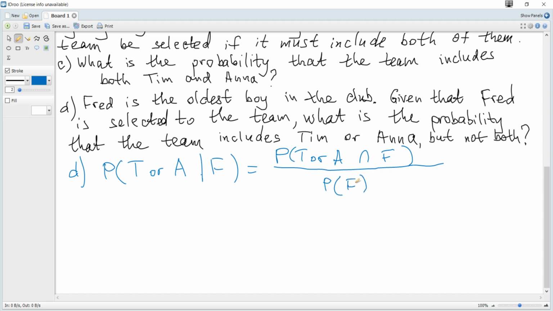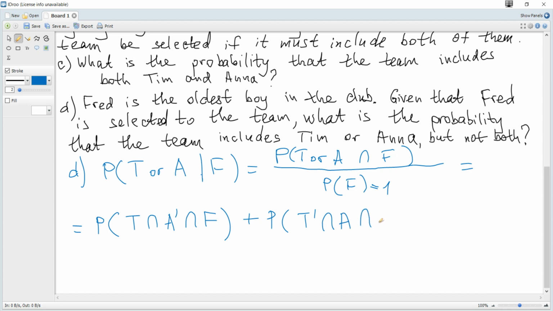But Fred is already chosen, and the probability to choose Fred is 1. So it becomes, how to represent T or A? It can be represented as the probability of T and not A, also provided that Fred is chosen, plus the probability of not T and A, also provided that Fred is chosen.